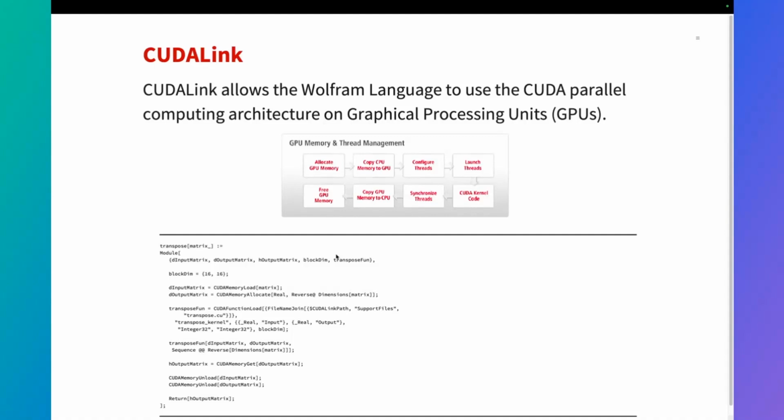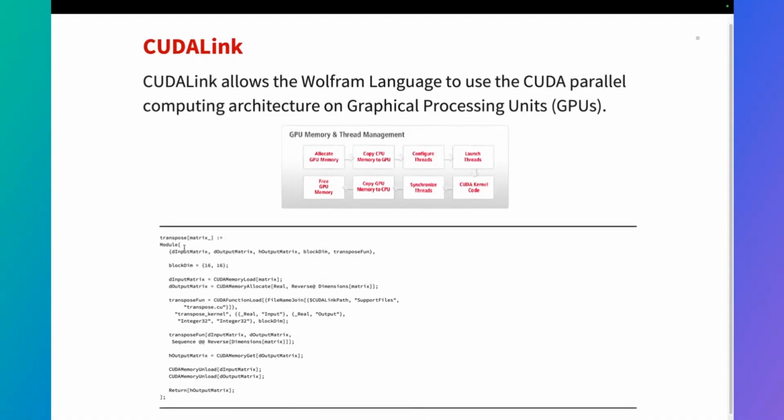This basic transpose example illustrates that. Here are the functions for CUDA-Link, where essentially you load the matrix and allocate the memory.